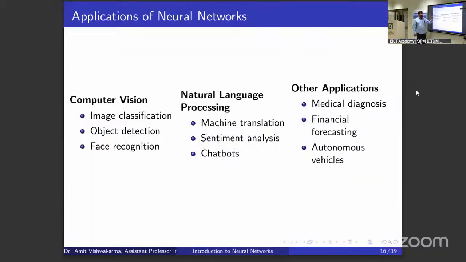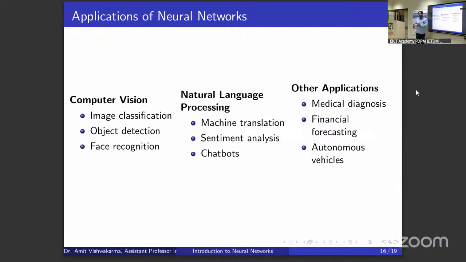Okay, so in computer vision, basically image processing, we can use neural networks for image classification. If we have satellite images of different scenarios, we can predict that this is the forest region, this is the land region.